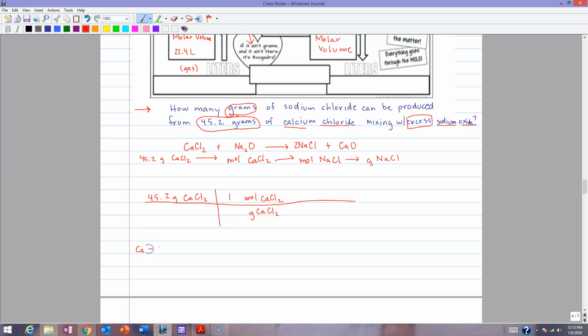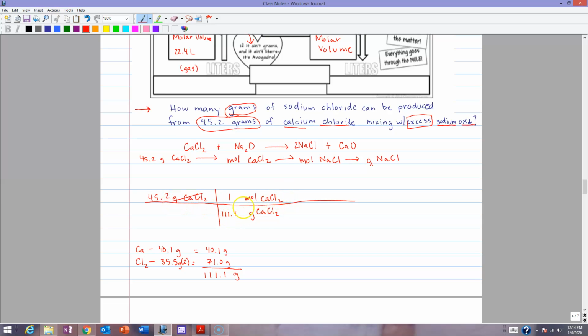The molar mass of calcium is 40.1 grams, and the molar mass of chlorine is 35.5 grams, but I have 2 chlorines, so that's going to give me 71 grams, for a total of 111.1 grams. And so that's what's going to go here.